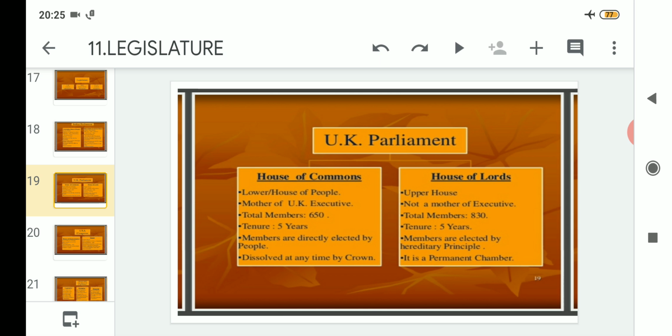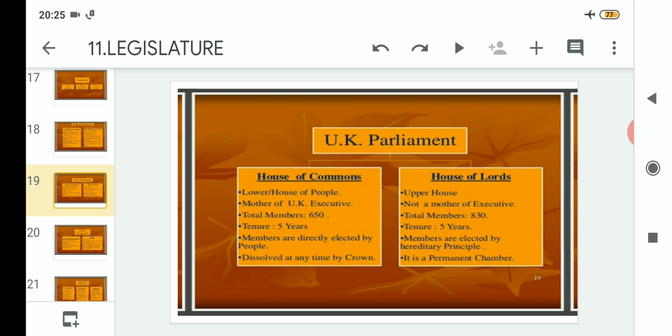And what is the reason? The reason is simple, that all the members are not elected at the same time. So that's why they retire after every 2 years. But in the House of Lords, the tenure is 5 years. In India it was 6 years, here it is 5 years.